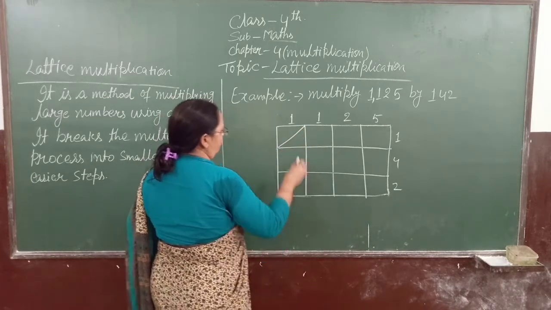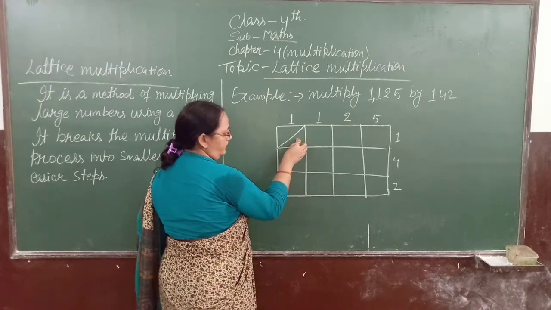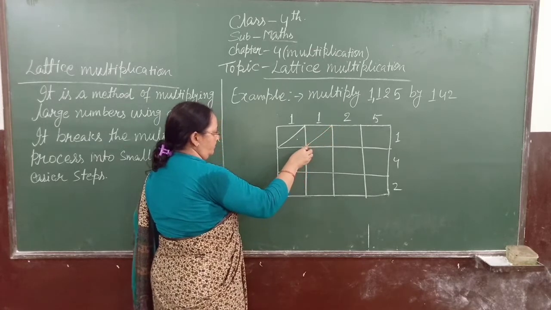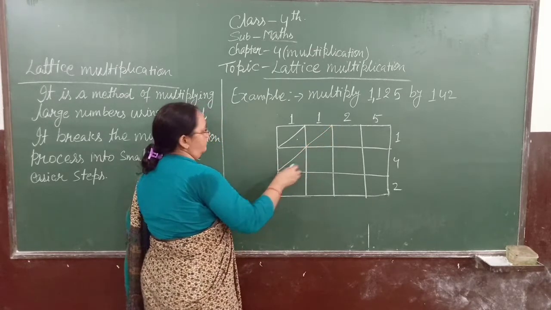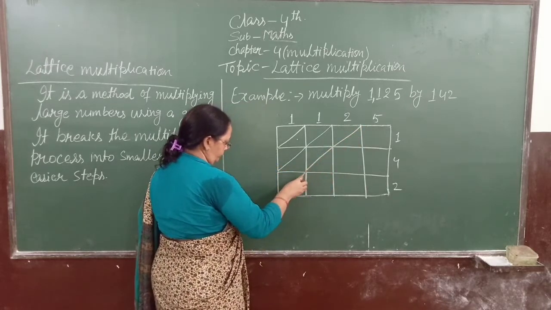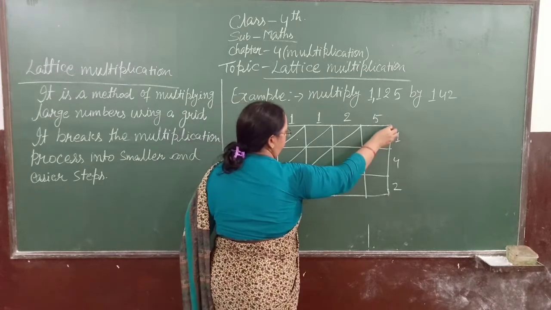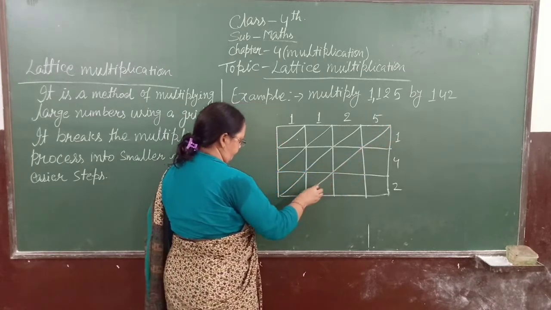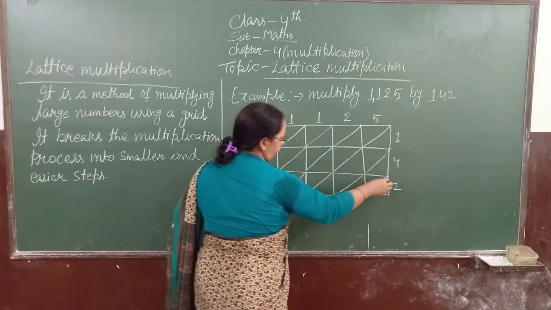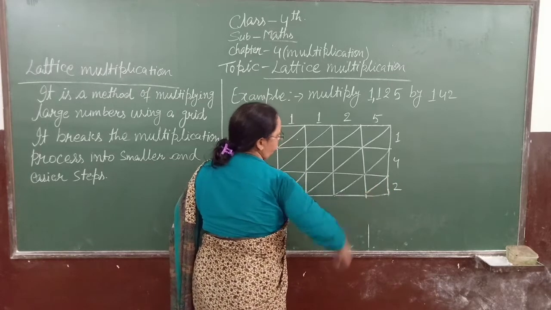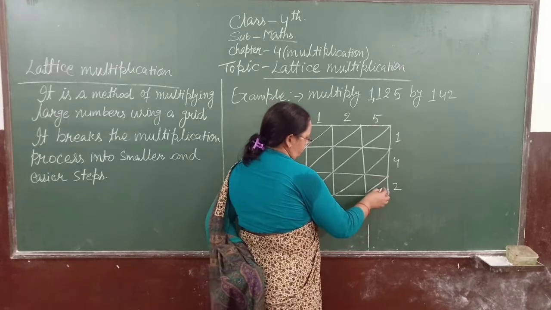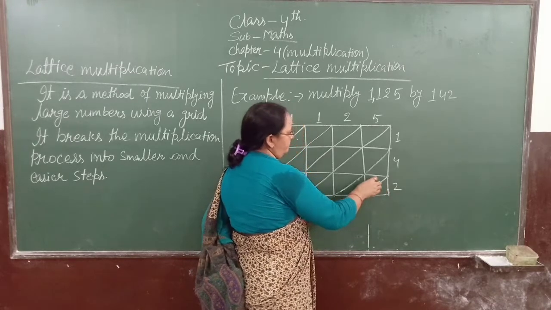After multiplication, ones place digit is written here and tens place digit is written here. For this purpose, we separate the boxes. After each multiplication, ones place will be written here and tens place here.